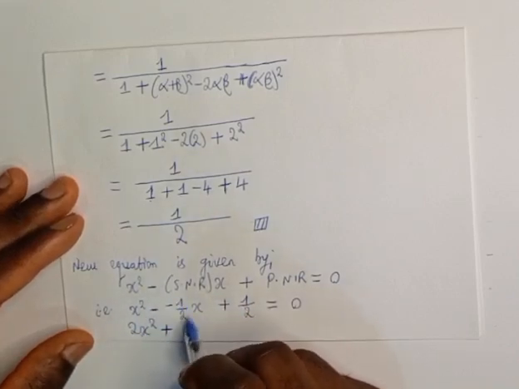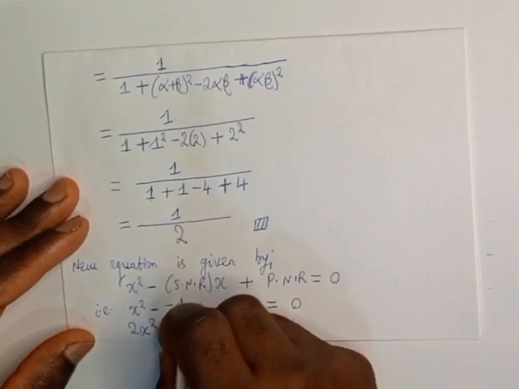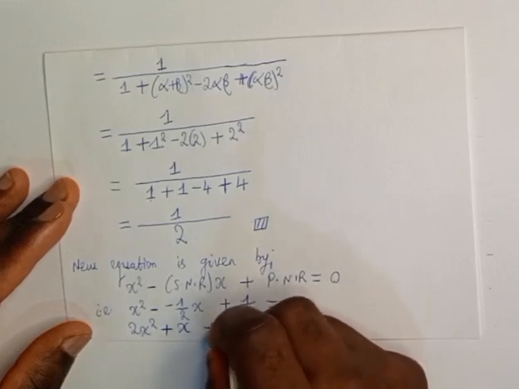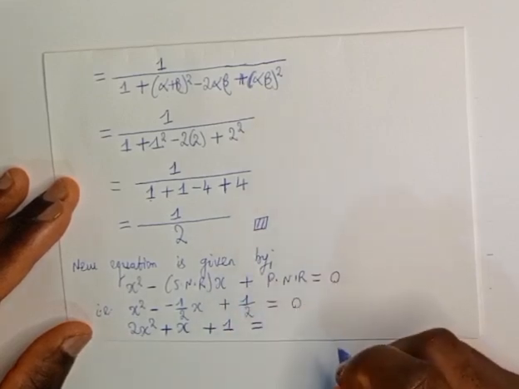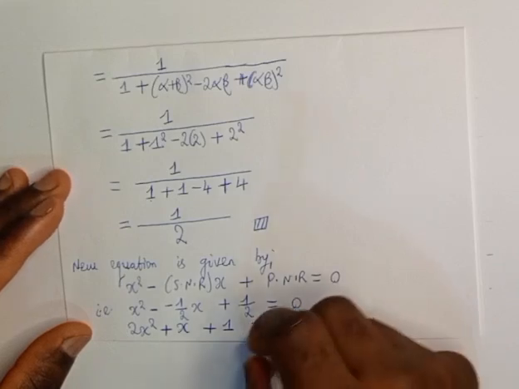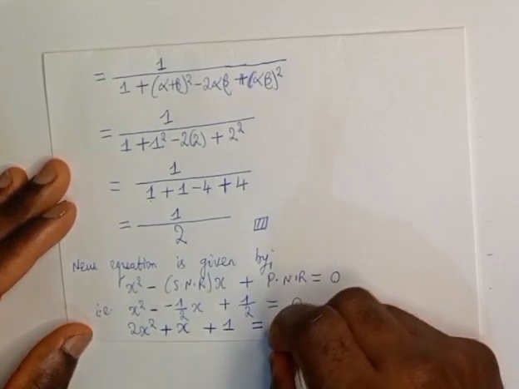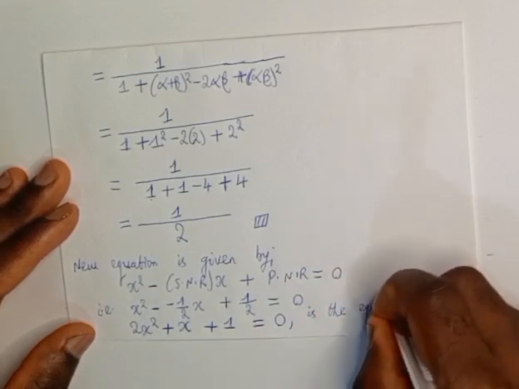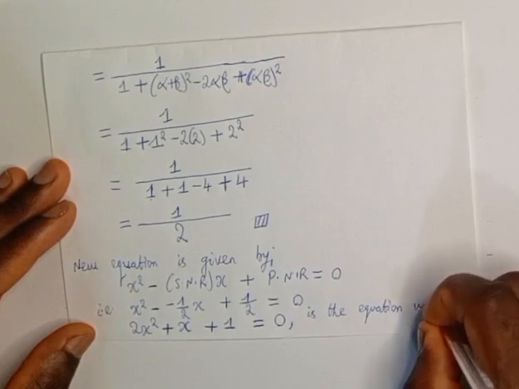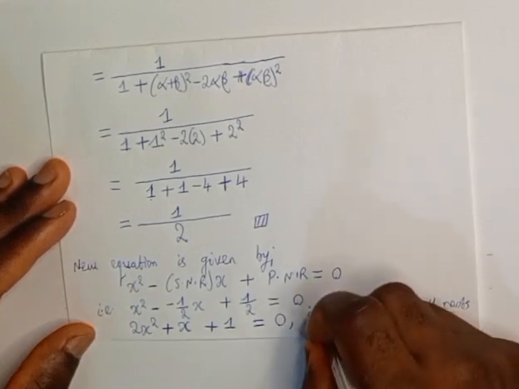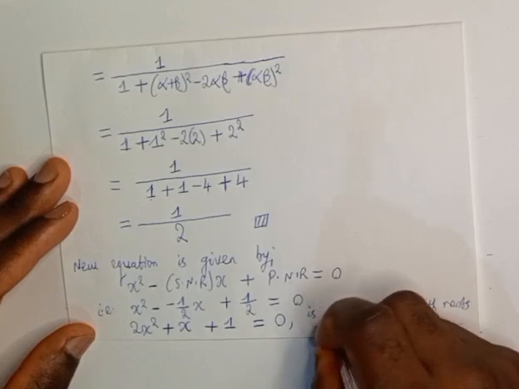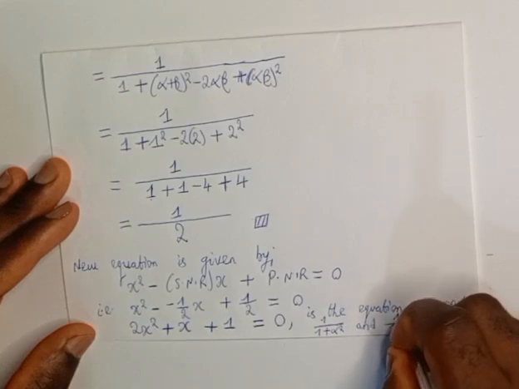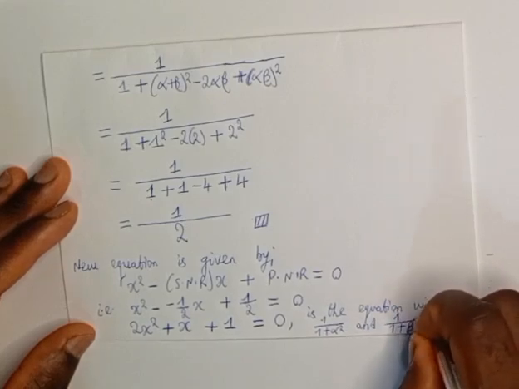If we take 2 times a half, it gives us 1. 1 times x remains x, plus 2 times a half gives us 1, is equal to 0 times 2 gives us 0, is the equation with roots 1 all over 1 plus alpha squared and 1 all over 1 plus beta squared.